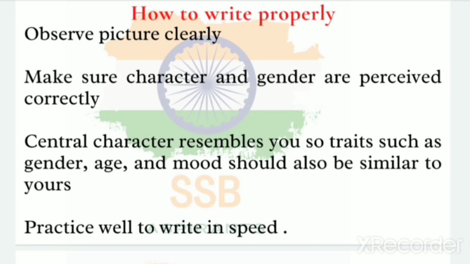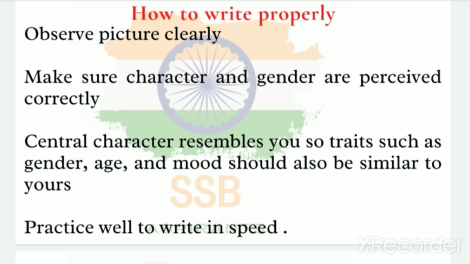So, how to write properly? You should observe the picture clearly. Mostly in SSBs, for female candidates in TAT, mostly all the characters in the pictures are female, and for boys they are male. So you have to make the main character of your gender.